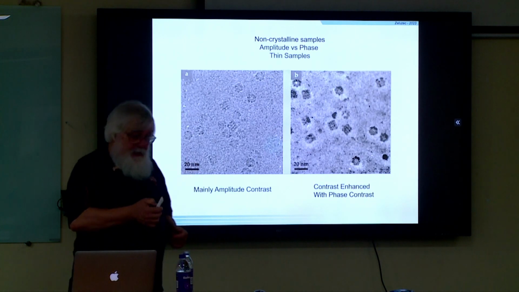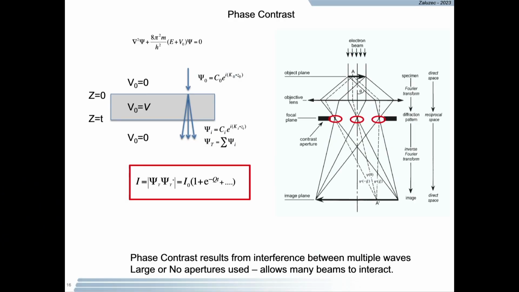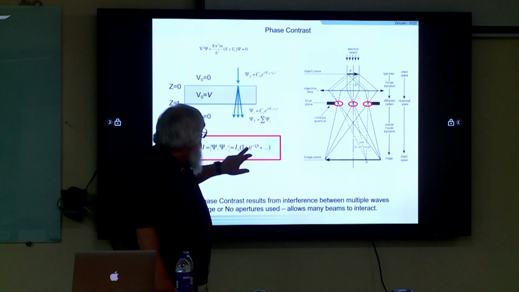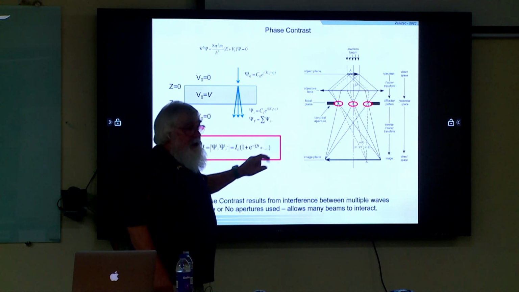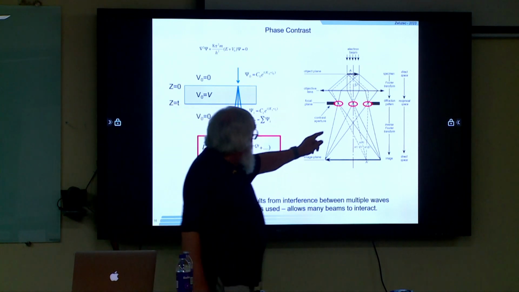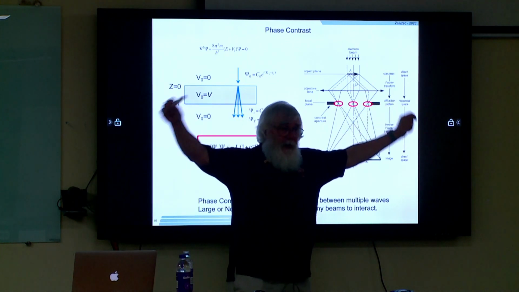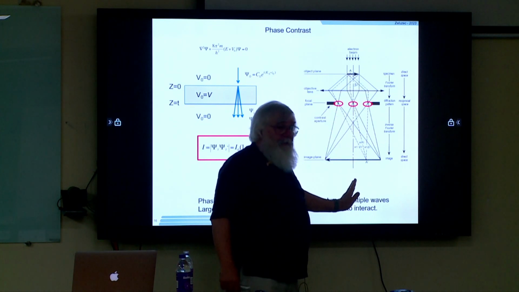We can increase the contrast, back up a slide, by looking at these terms and saying, I want to increase the contrast, so I want to increase the contribution of the additional terms. What I haven't shown you, because I haven't expanded this out, is part of the terms in here have to do with the phase shift of the individual diffracted beams. Okay? Electrons coming straight through have one phase.